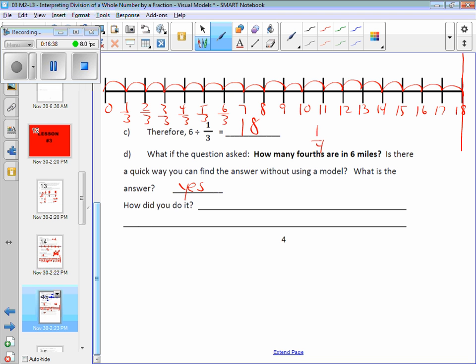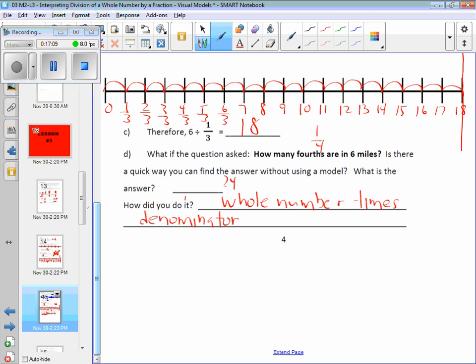What is the answer? 24. Whole number times denominator. And Alexa, you're about 90% right. I'm going to give you the next 10%.